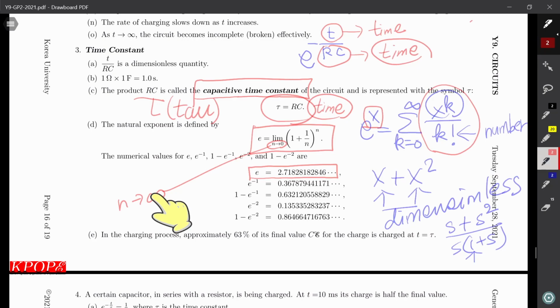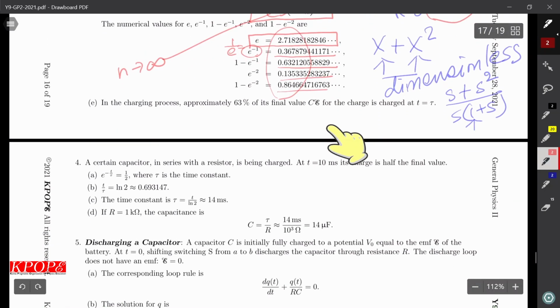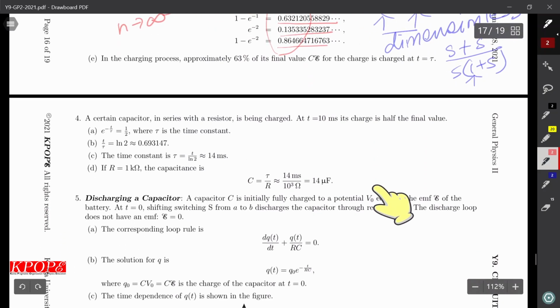We have special values. For example, 1 over E equals like that, and 1 minus 1 over E, like that. So memorize approximate values of these. These numbers can be used to identify the system.